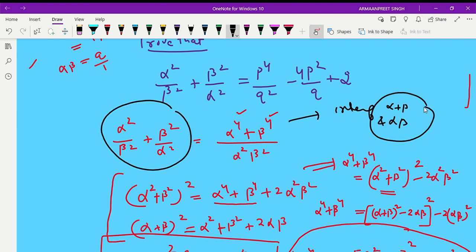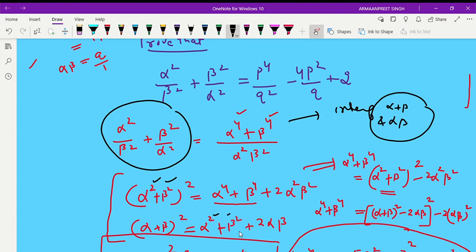This is the main thrust point of the question, because if you express alpha raised to the power 4 plus beta raised to the power 4 in terms of alpha plus beta and alpha beta, then you will go through the process at the end. So alpha square plus beta square whole square is equal to alpha raised to the power 4 plus beta raised to the power 4 plus 2 alpha square beta square, and alpha plus beta whole square is equal to this.